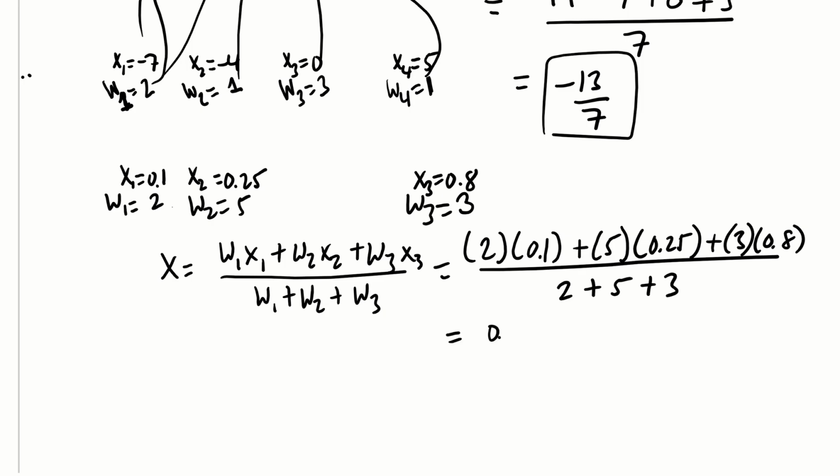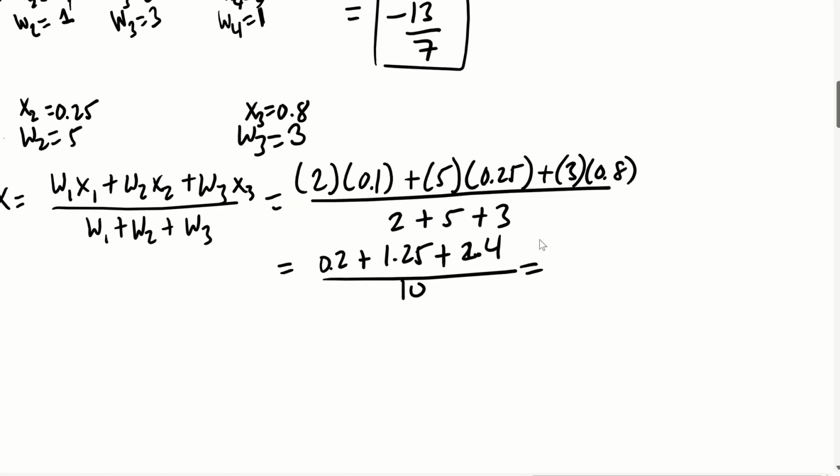Do the math here. All right, so we got 1.25, 2.4, that's 3.65. So we got 3.85 divided by 10.